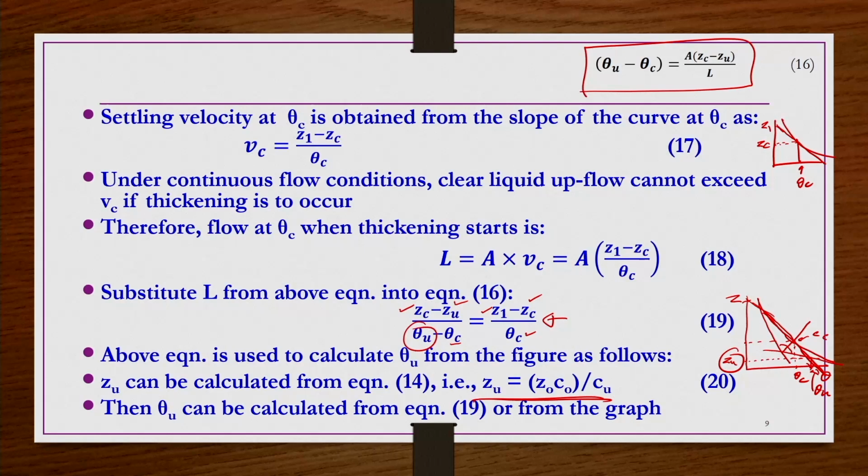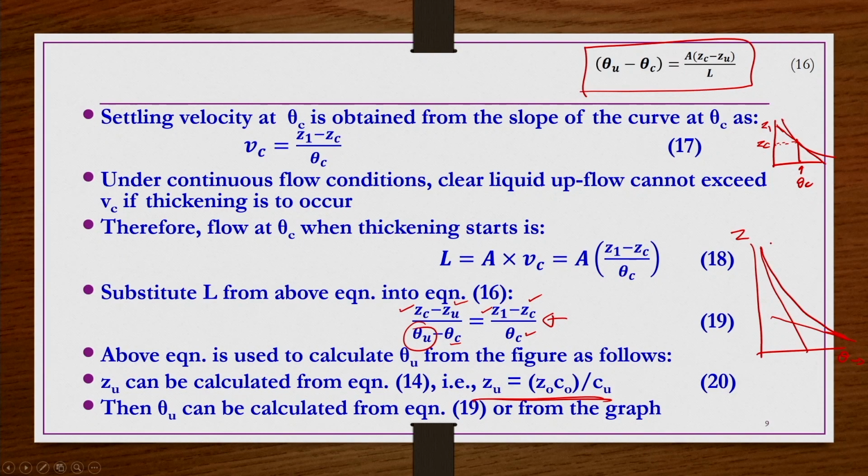So once again, for clarification because of the symbols, let us draw a clear picture, a bigger one probably. We have the Z versus theta curve like this.